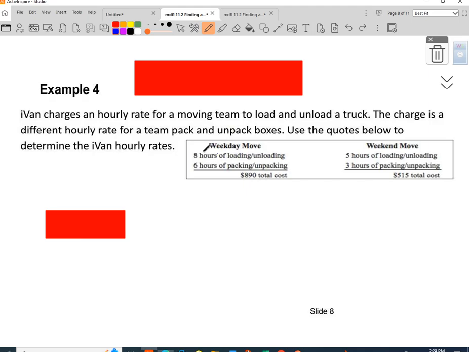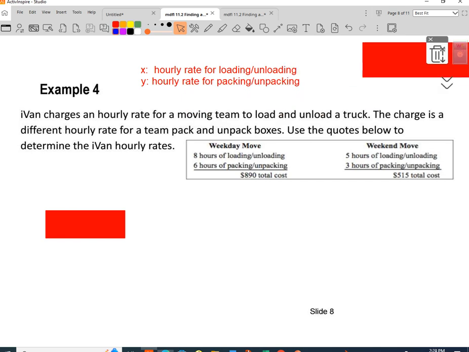Okay, so we're looking for the hourly rates. Here we're still using X for the hourly rate for loading and unloading, and Y for the hourly rate for packing and unpacking.